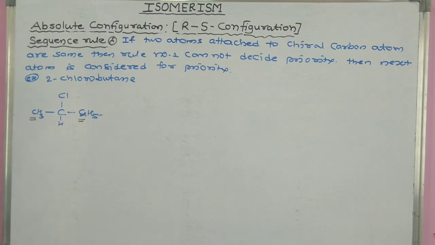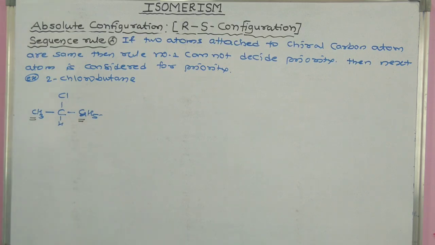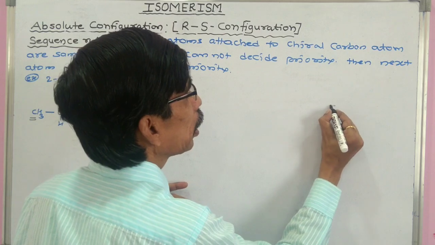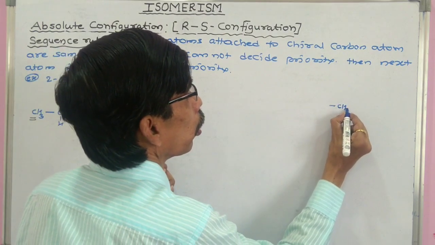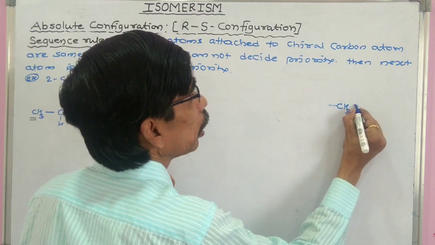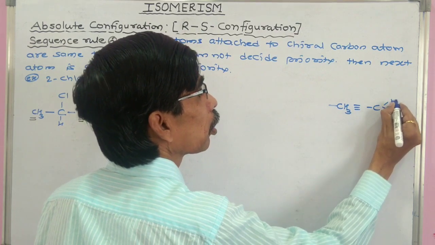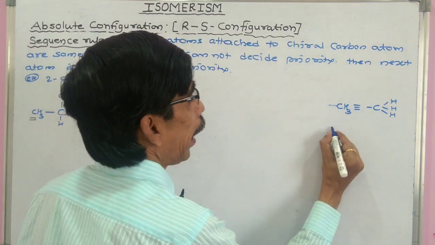So rule number 1 cannot decide the priority order. So we can write this CH3 in this manner. CH3 is equivalent to C, H, H, H. So the second atoms of this carbon are all hydrogens.